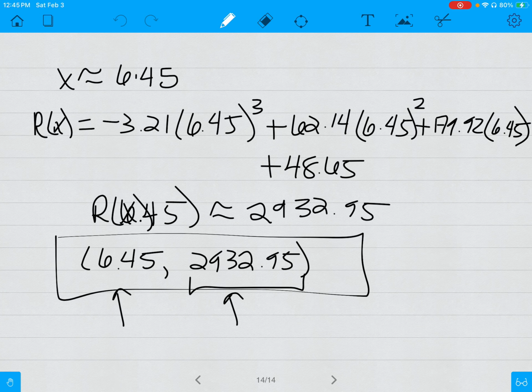If we increase the number of farms past that point, each additional farm added is going to have less impact, okay, to the revenue. And what is the revenue when we have 6,450,000 farms? Well, it's $2,932.95 million. Okay, so that is our point of diminishing returns.